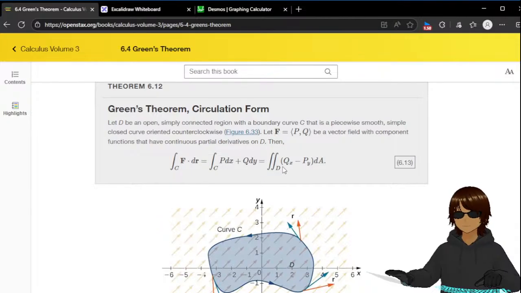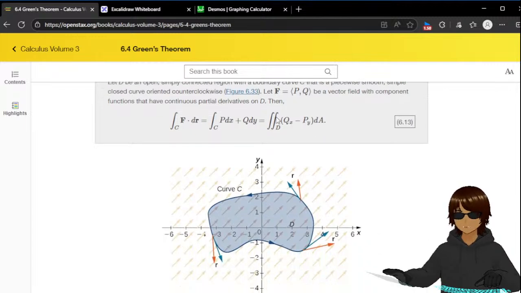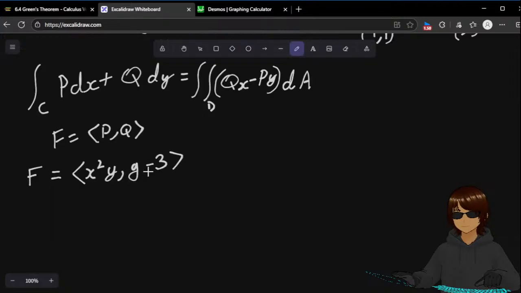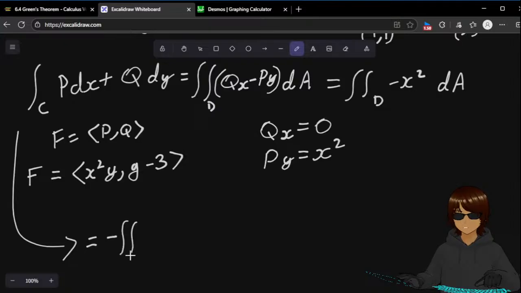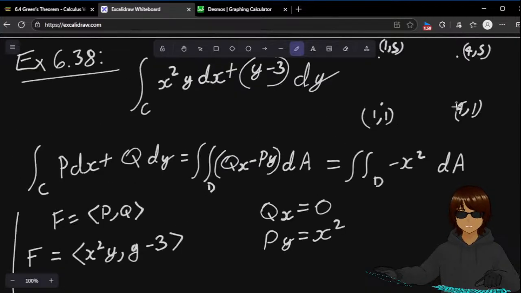What is D though? So curve C and then the area D. So the integral is over the region D, right? Q_x minus P_y. Q_x is 0. P_y is x squared, so it's minus x squared. They said this area, right? From (1, 1) to (4, 5).